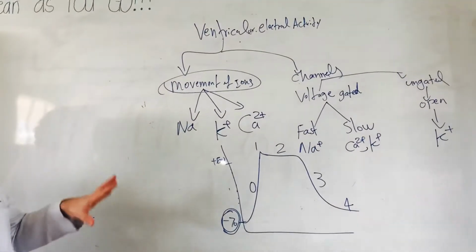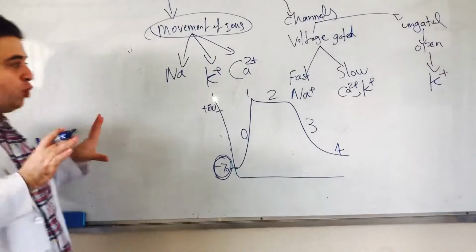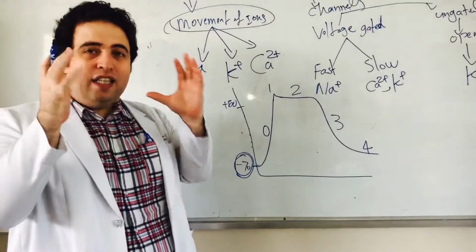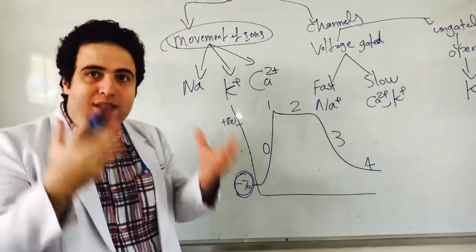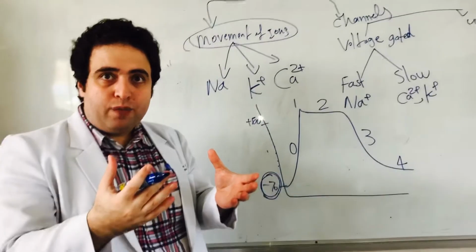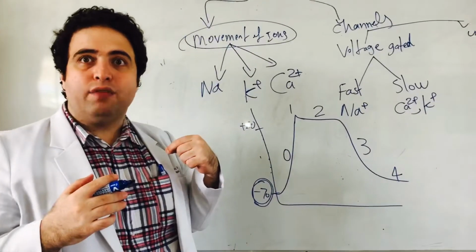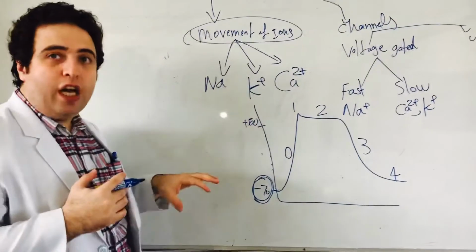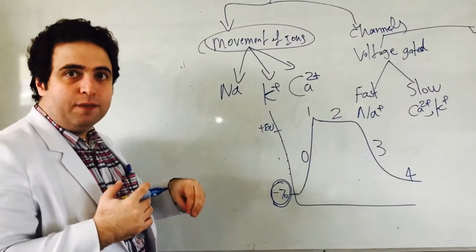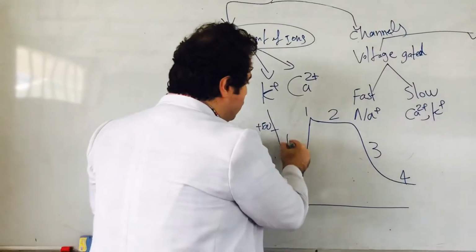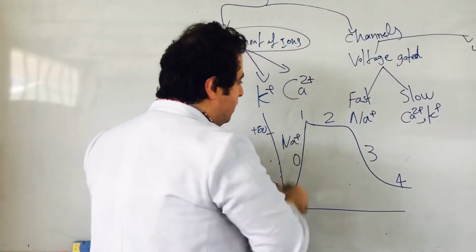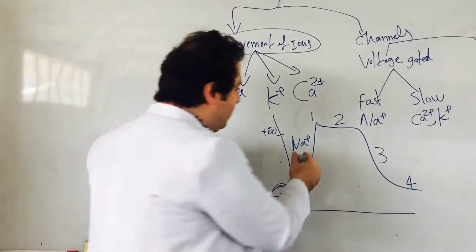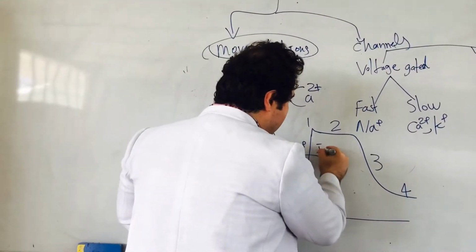What am I talking about? I am talking about inside the cell. So class, inside the cell will be positive. How will the inside of the cell become positive? When a positively charged ion goes inside the cell, such as sodium. So in phase 0, what happens is sodium will influx.